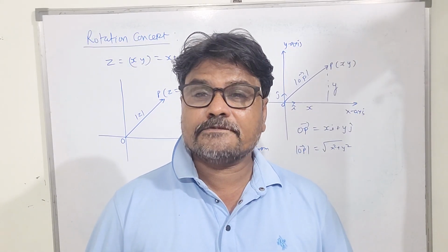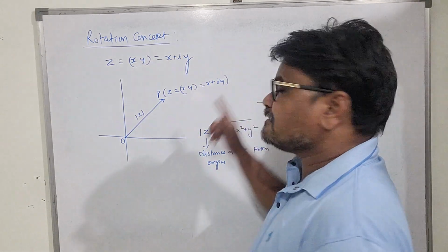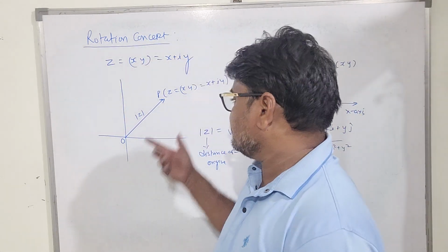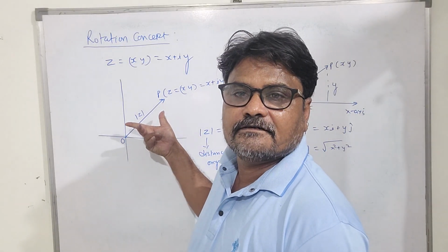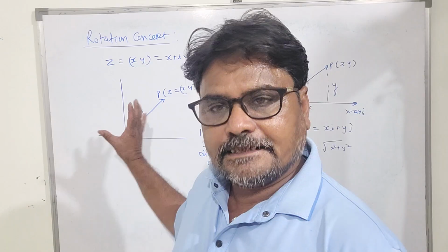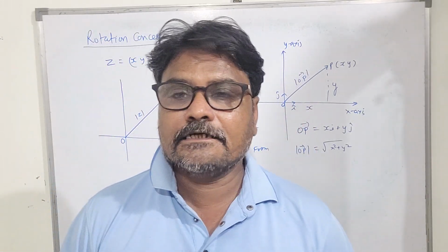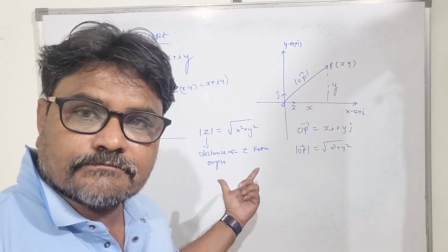Now here comes the concept of rotation. So rotating a complex number, in fact, means rotating this vector. Okay, rotating a complex number means we have to rotate this vector OP. Now we can rotate the complex number z about the origin here.